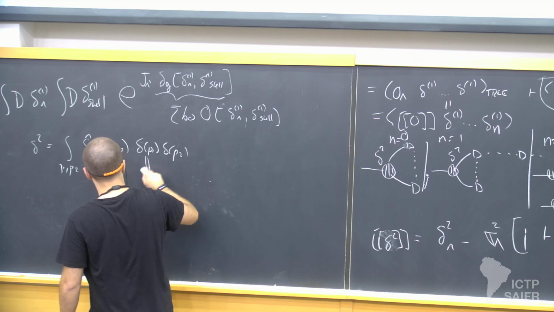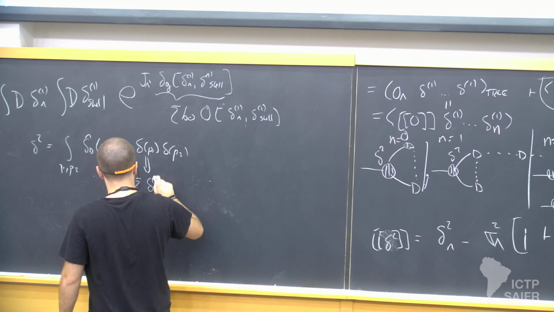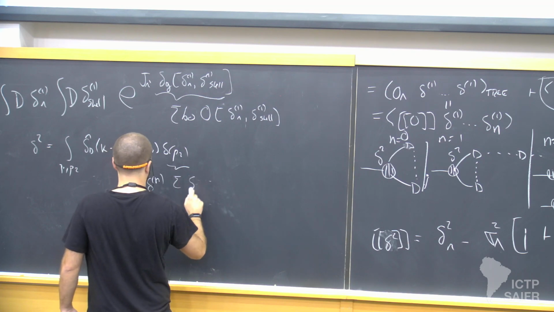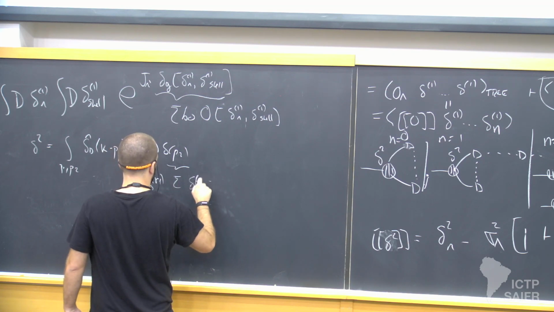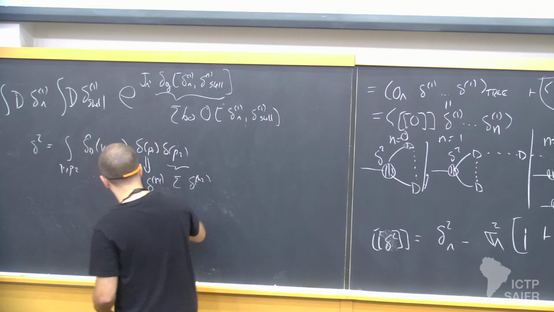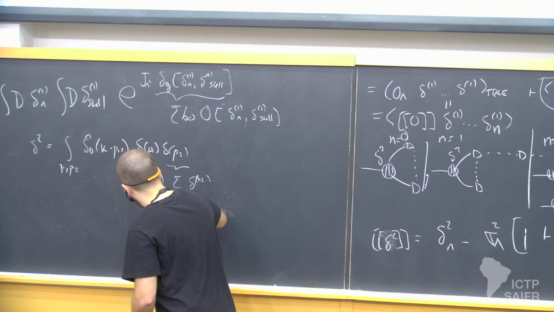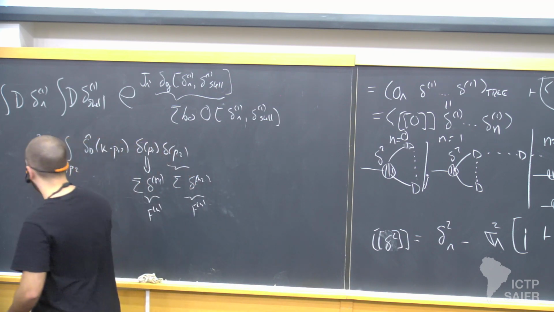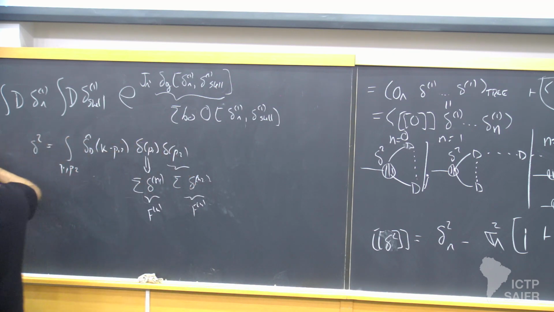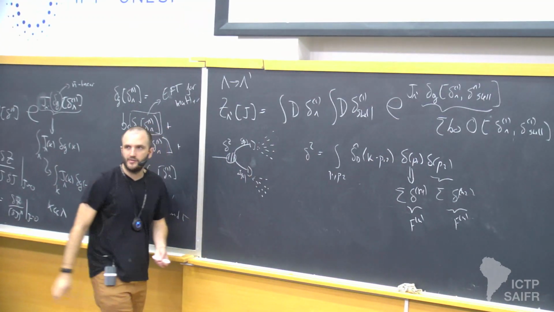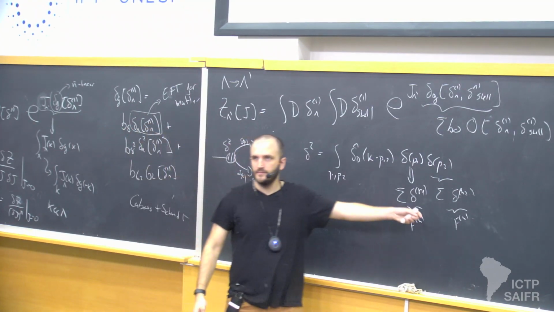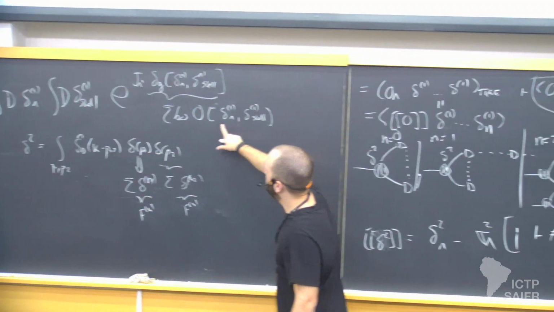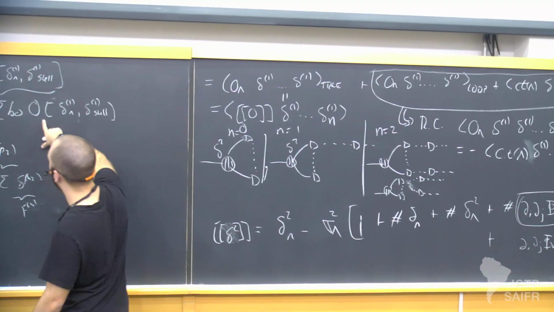So this one I can expand as a sum of delta n, and this one as well, as a sum of delta n1, delta n2. And each one of them has an F n kernel, right? So basically I'm generically expanding these deltas in terms of F kernels.